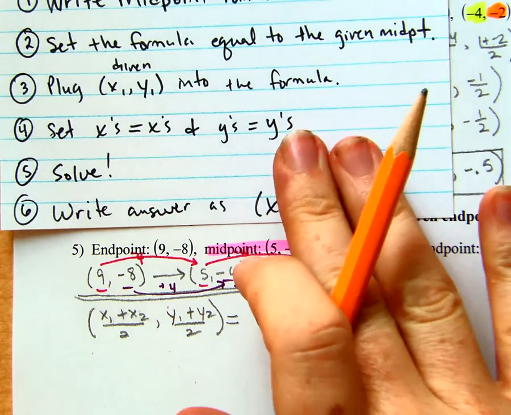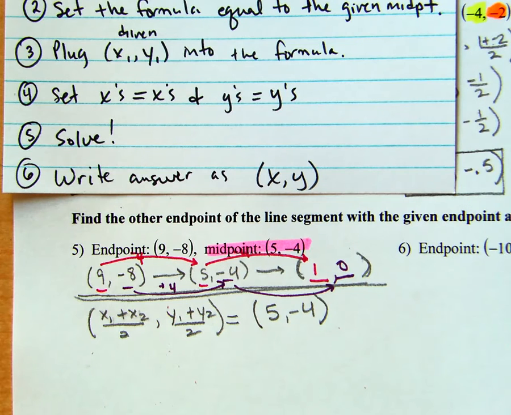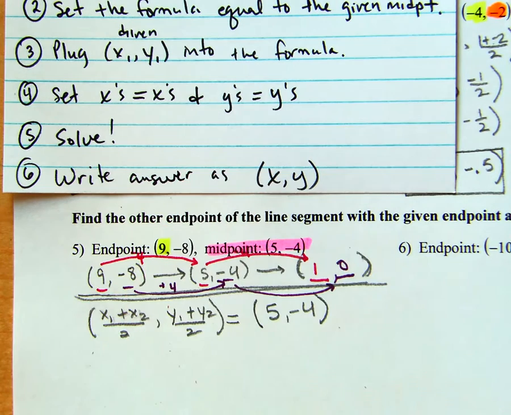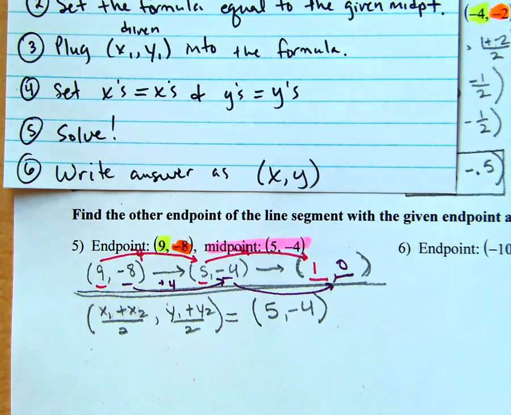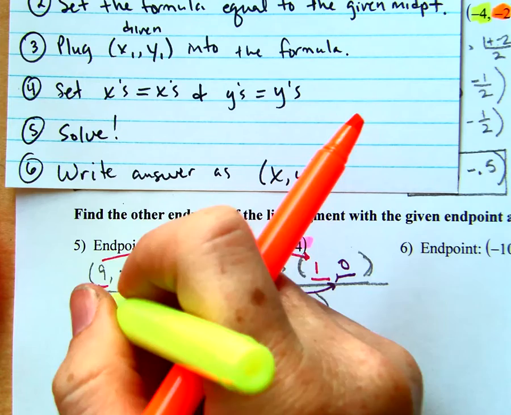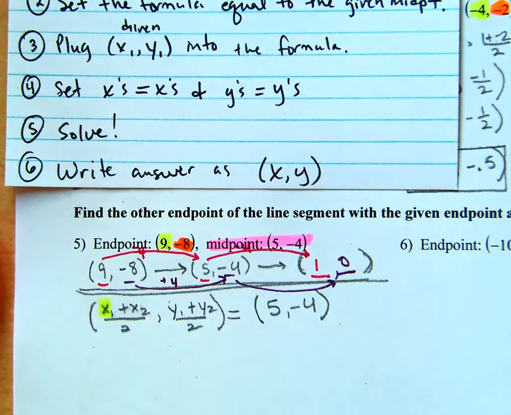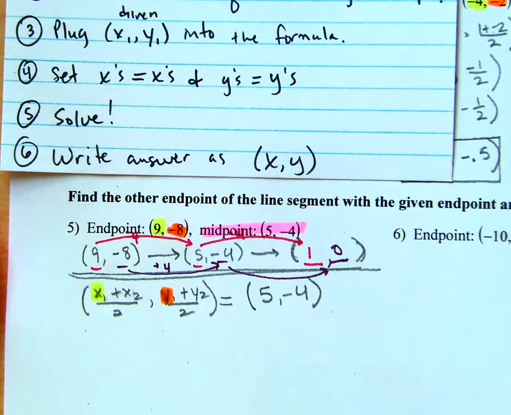All right, after I set the formula equal to the given midpoint, then I'm going to plug the given point into the formula for x1, y1. So here we go, just like before. Here's x1, here's y1. So now, here's x1, and here's y1.